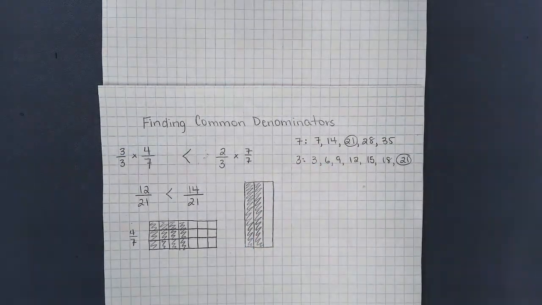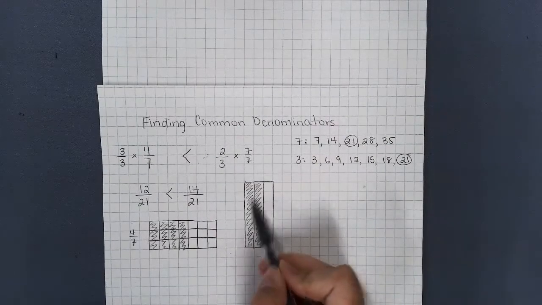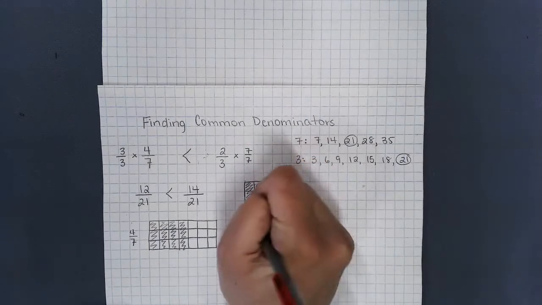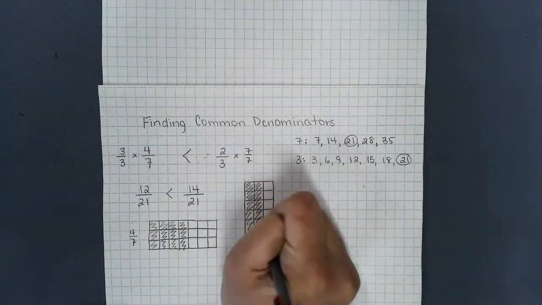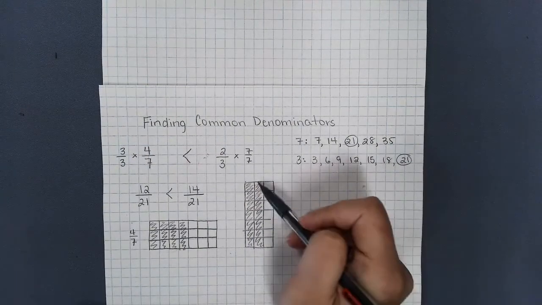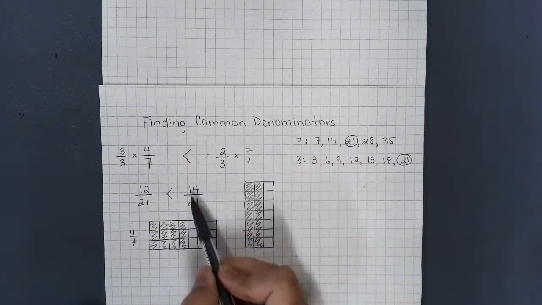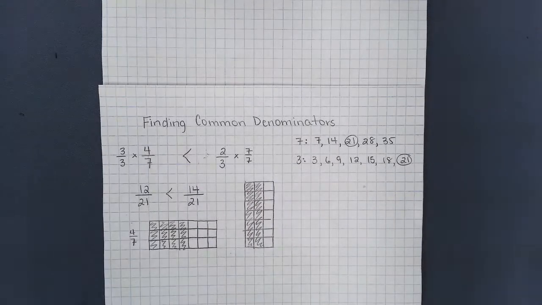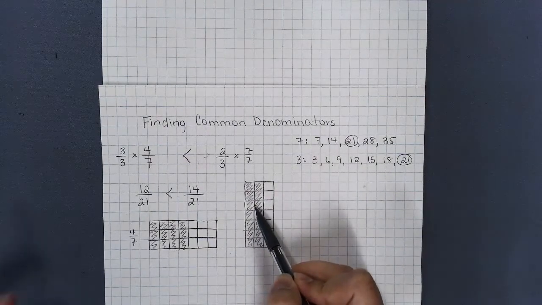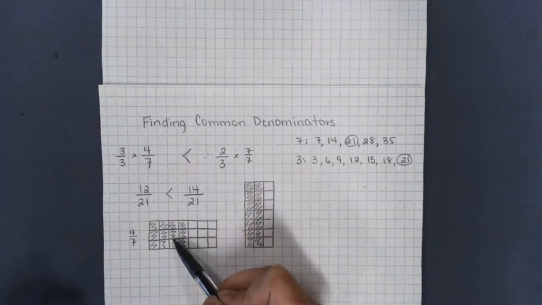Now it's a little bit difficult for me to tell if this area is the same as this area, so that's why I'm dividing this into 7 more pieces. And now I've got 2 by 7, which is 14 pieces which are shaded in, which is where I'm getting the 14 over 21. And now I can compare that 14 pieces is in fact more than 12 pieces.